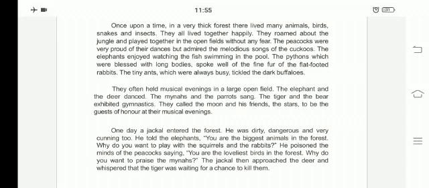Gymnastics means physical exercises that are done indoors, often using special equipment such as bars and ropes. Who used to perform gymnastics? Tiger and bear. They called the moon and his friends, the stars. Moon's friends, who are they?